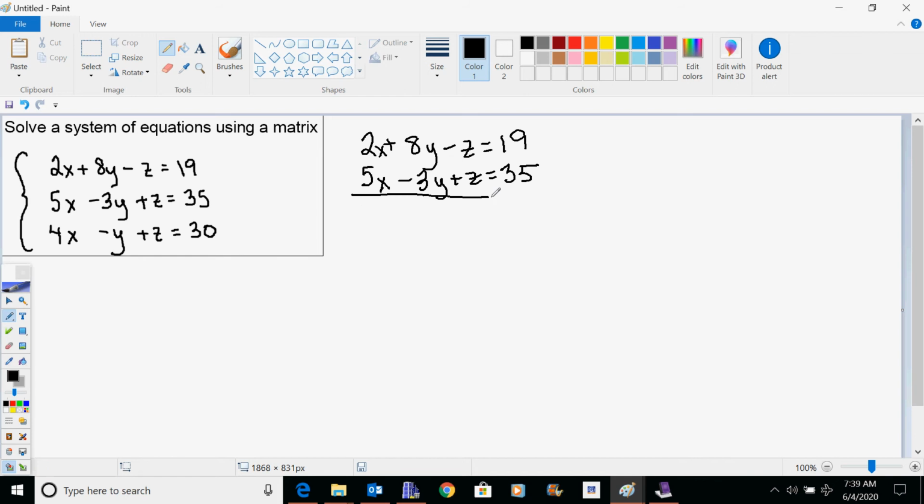Okay, and we're going to add up those because the z's will cancel out like that. So I have 7x plus 5y equals 54. And then since this is a negative z, this is a positive z, I'm going to use that same top equation and put it together with the bottom equation so I can eliminate z's again.